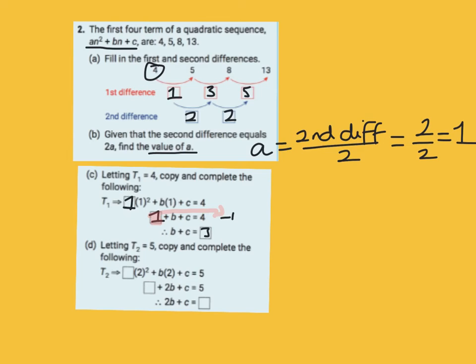So again, we know that our a is 1. That doesn't change. And what you see here is that now instead of n up here, they've replaced n by 2, and they've let it equal 5. Why have they let it equal 5? Well, 5 is our second term of the sequence. Don't panic about these, guys.